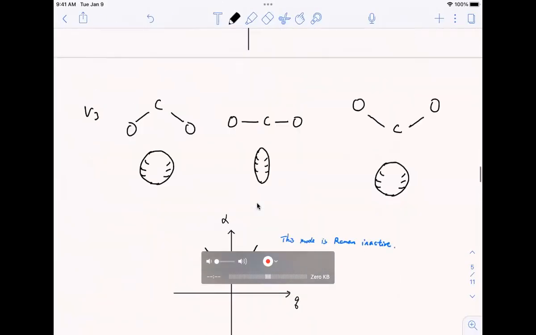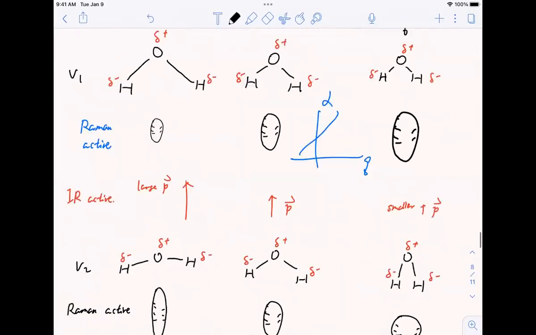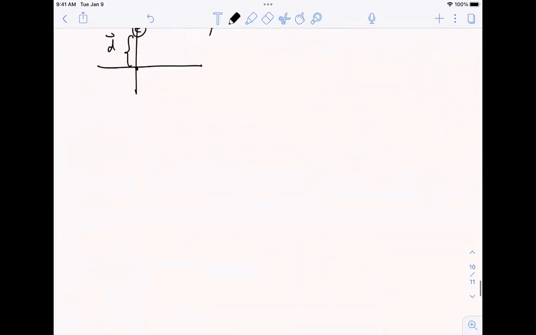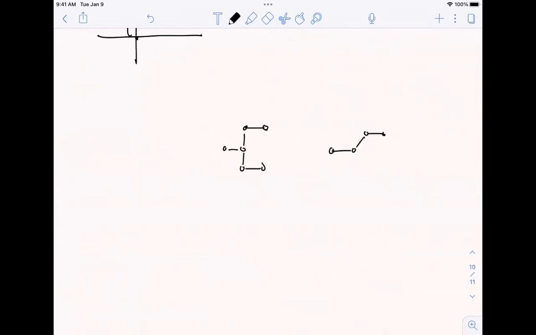Okay, then let's just draw. If you draw the Raman tensor out, one is this, the other is this, one is this. This one is longer, right?